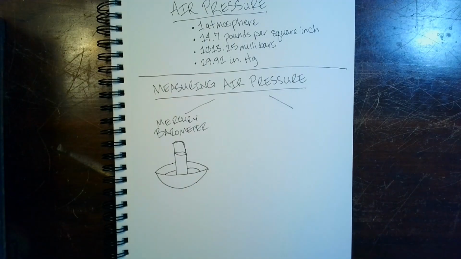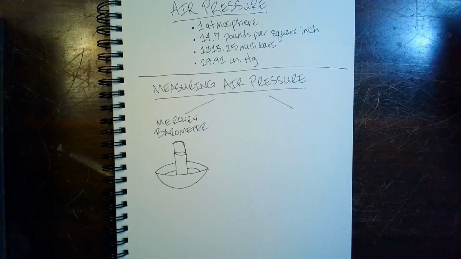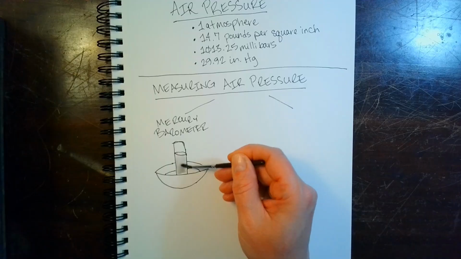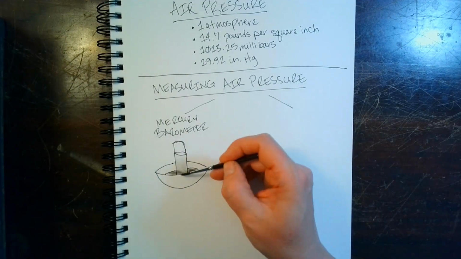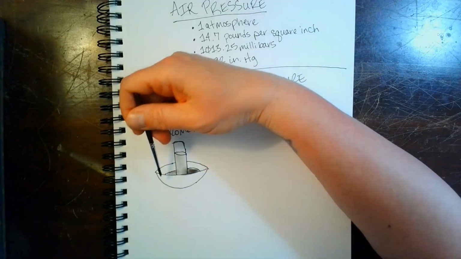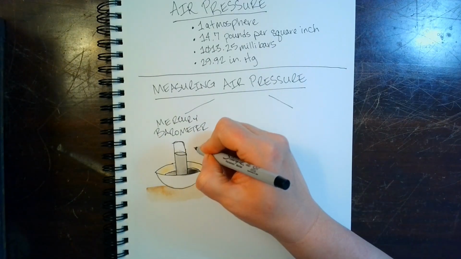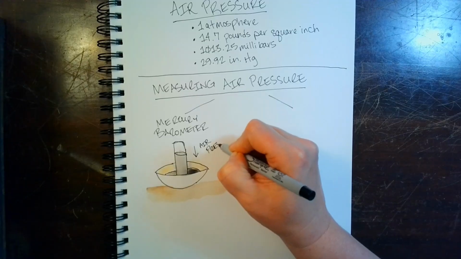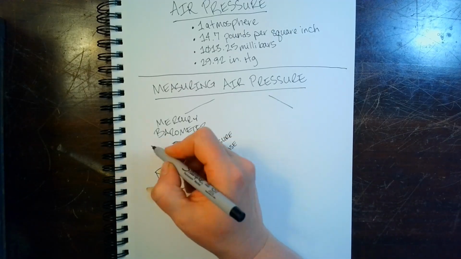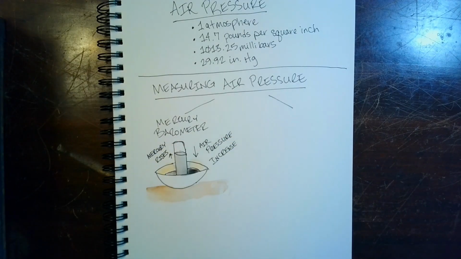The air pressure pushing on the mercury in the bowl forces the mercury up into the tube. So when the air pressure is increasing, the mercury rises, and when the air pressure decreases, the mercury falls. This method is still one of the most accurate and reliable ways to measure air pressure. Even with the toxicity of mercury, we still rely on this today.